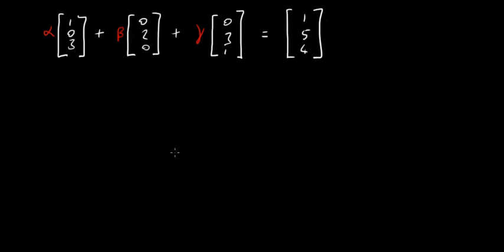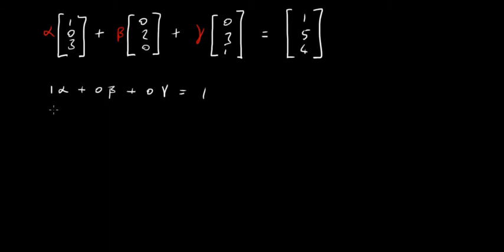Well, if you multiply out these, you get 1 times alpha plus 0 times beta plus 0 times gamma will give me 1. So this times this plus beta times this plus gamma times this should give me this 1 here.